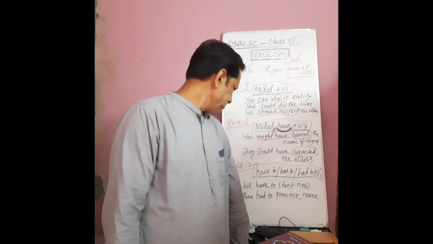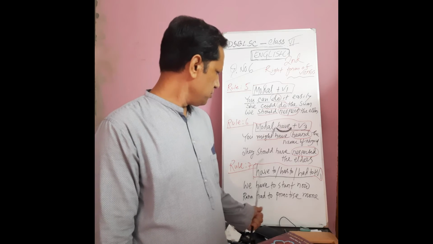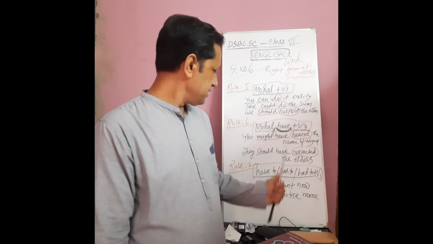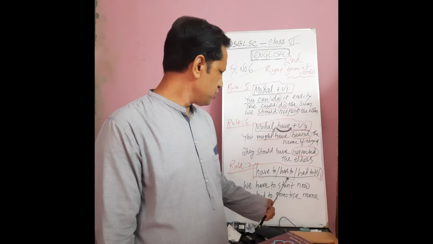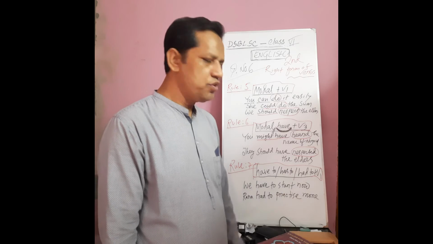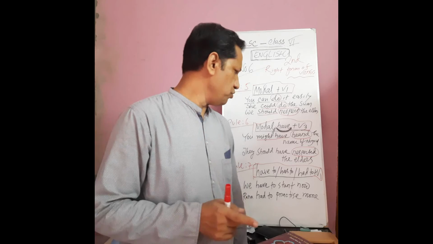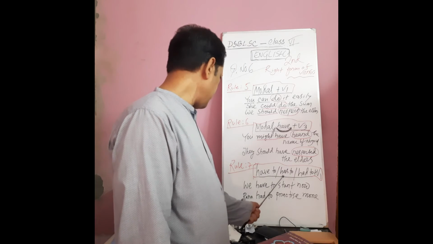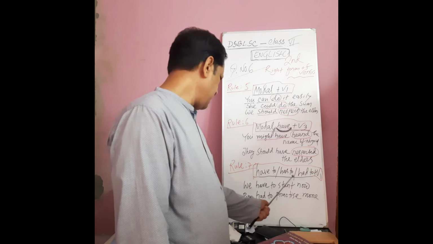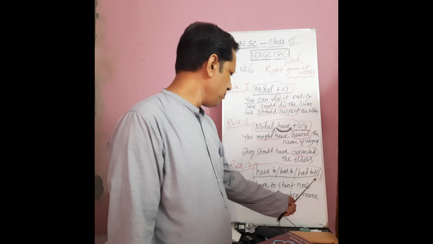Dear students, here is rule 7. I like to say have to, has to, had to. After have to, after has to, after had to, you have to use V1 form.